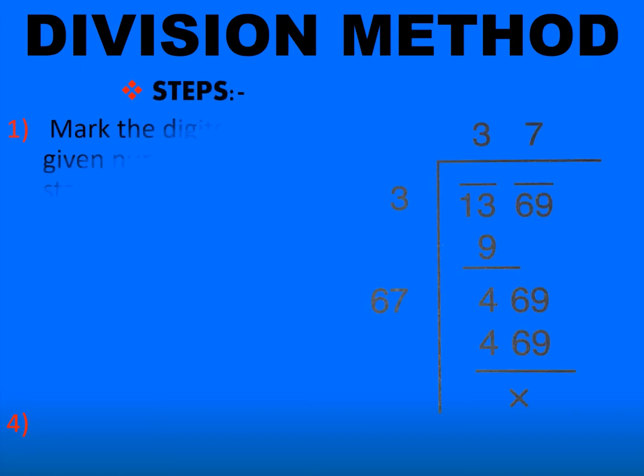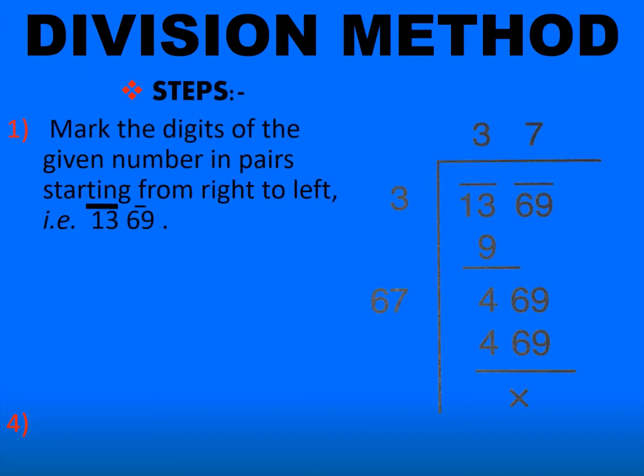Now let's learn how to find a square root of a given number by division method. Step 1. Mark the digits of the given number in pairs starting from right to left as shown in the picture.